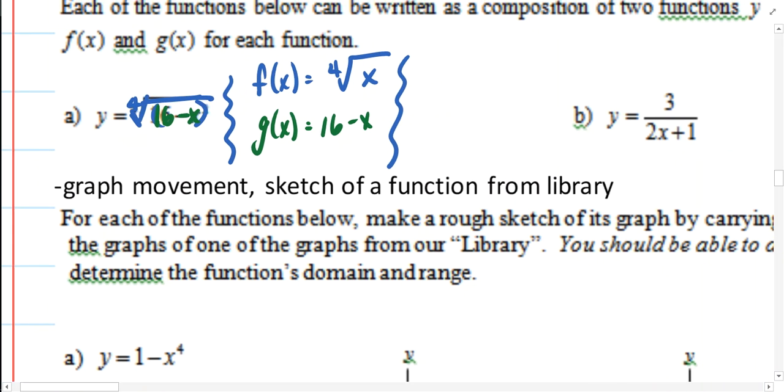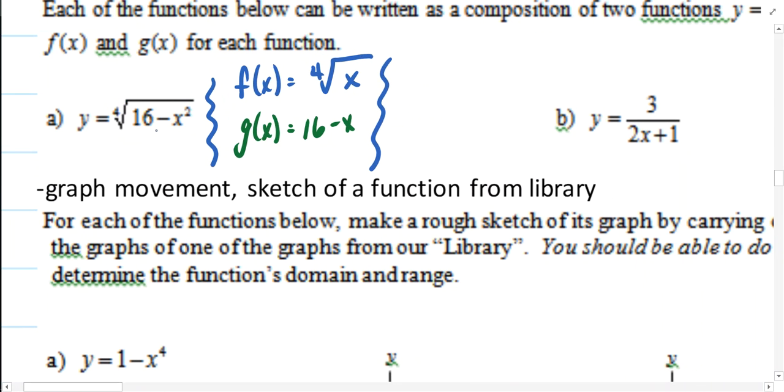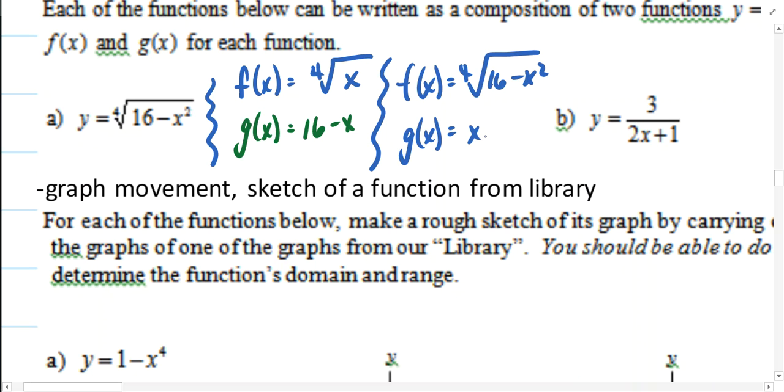As we had mentioned in class, that's not necessarily the only answer that works, but we want to avoid the trivial solutions. So it would not be appropriate to say that the outer function is the fourth root of 16 minus x squared, while the inner function is just x. That's no good. That's what we call a trivial function, because we're essentially copying the composite function and calling that one of our inner or outers.